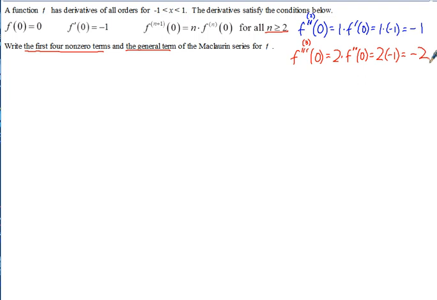Let's put it in our formula here. So again, the pattern here, remember, let's write it down here.